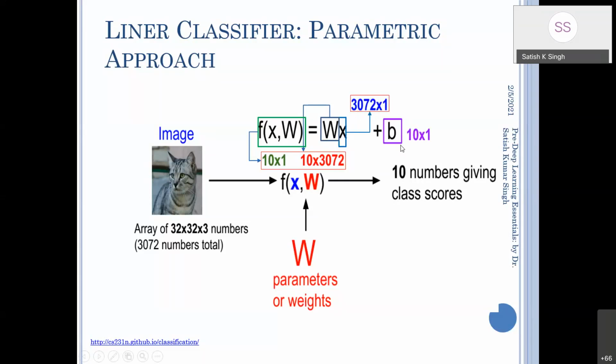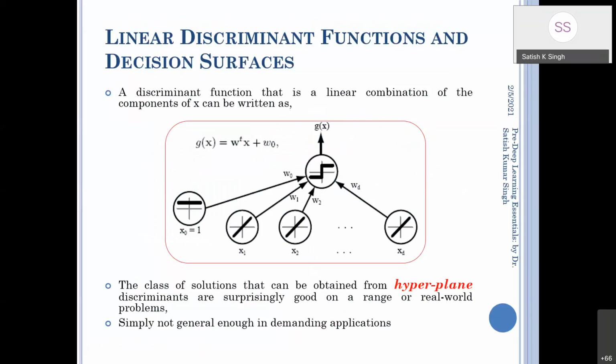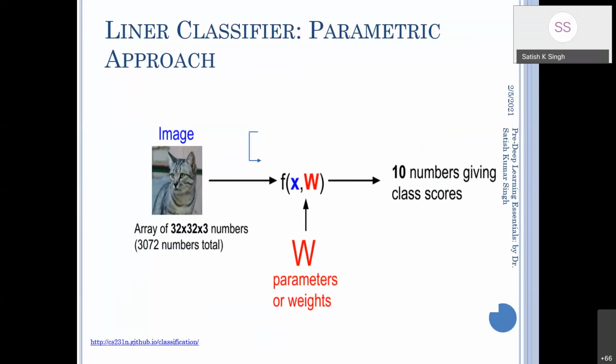So obviously the dimension of this B, or the bias vector, is simply 10 by 1, meaning the number of classes. So the same thing, a linear discriminant function, can be represented using this notation. There is a straight correlation between these two, meaning linear classifier and linear discriminant functions can be used in an analogous way, or you can say can be used interchangeably.